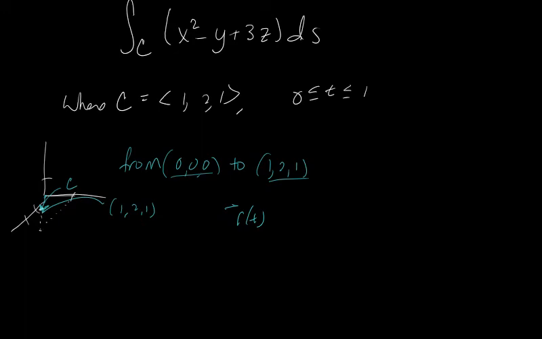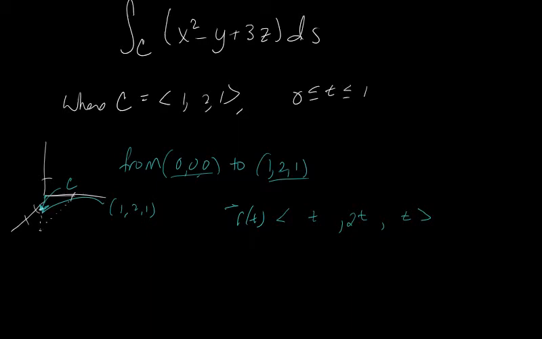Because when t is 0, we have to be at 0, 0, 0. That's easy enough if I just have t, t, t, right? Plug in a 0, you get 0, 0, 0. But when I plug in t equal to 1, I've got to wind up at the point 1, 2, 1. If I plug in t equal to 1 for the x component, I get 1. For the y component, I would get 1 again, but I need 2, so let's multiply that by 2.